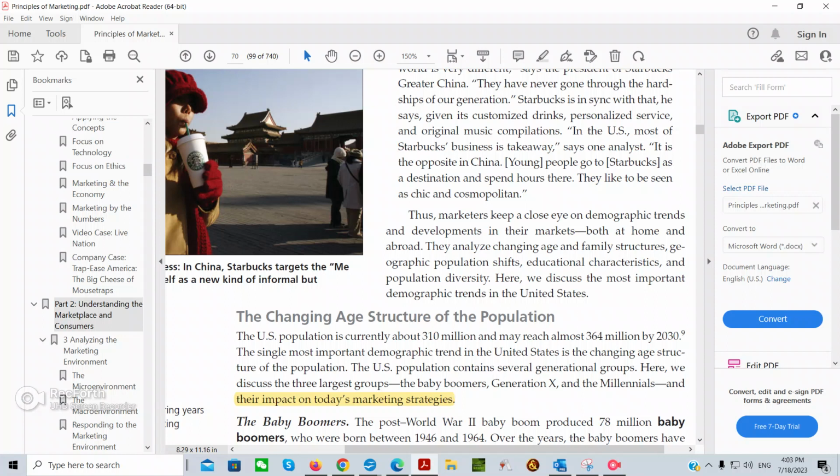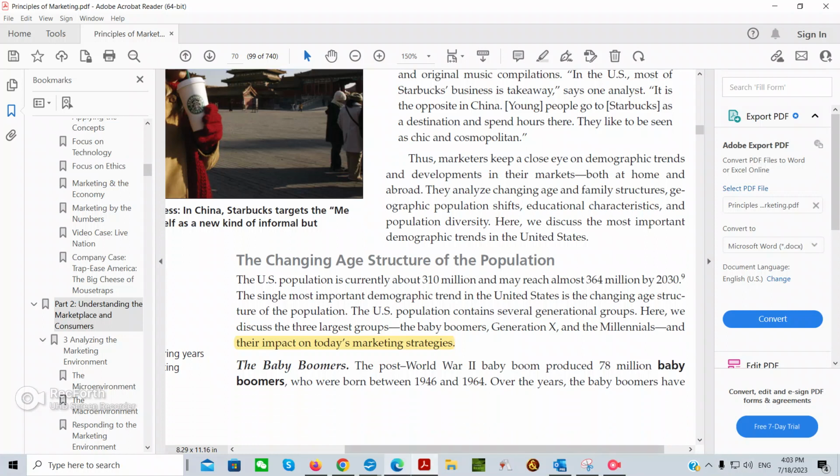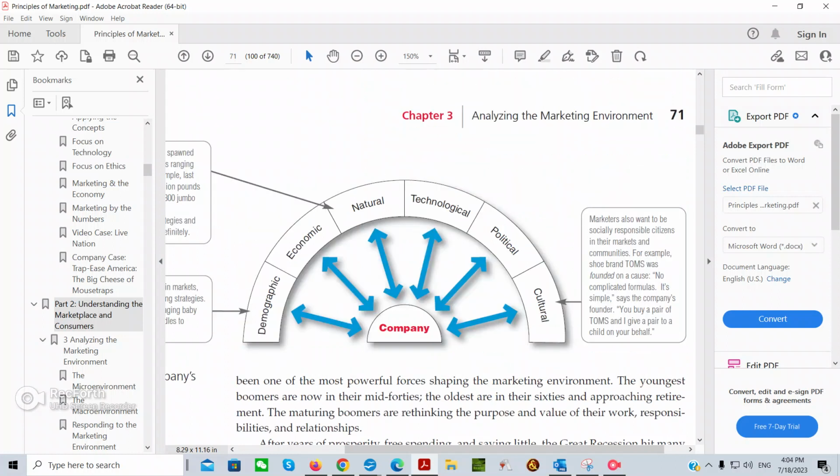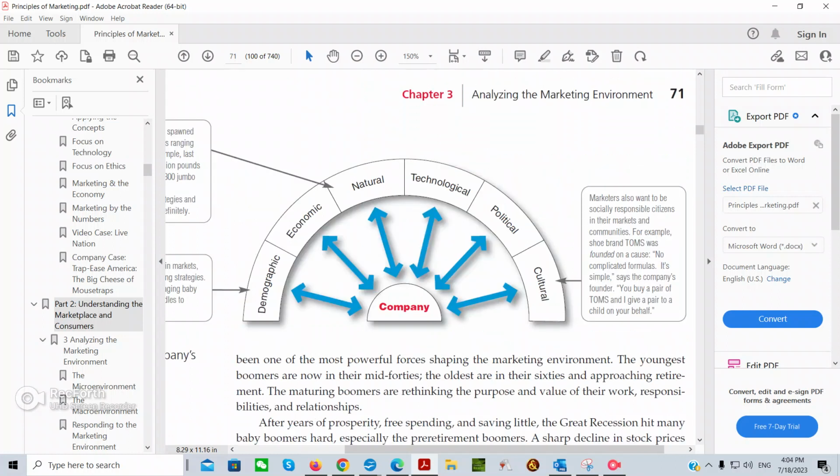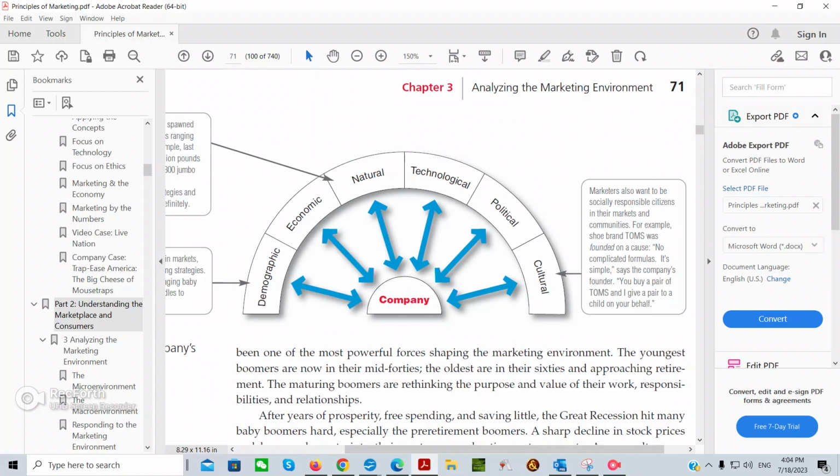So each one of those age groups is a different demographic. You have to market to them differently. Okay? Now, with the baby boomers, the post World War II baby boom produced 78 million baby boomers who were born between 1946 and 1964. Over the years, baby boomers have been one of the most powerful forces shaping the marketing environment.